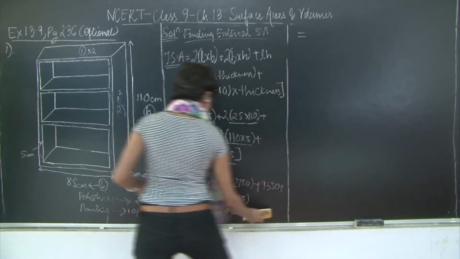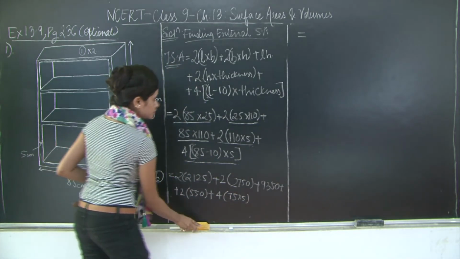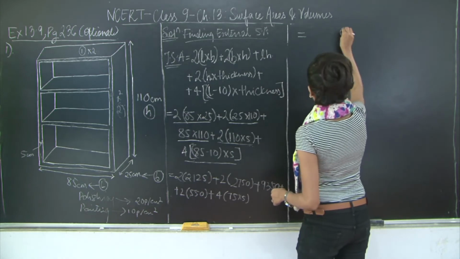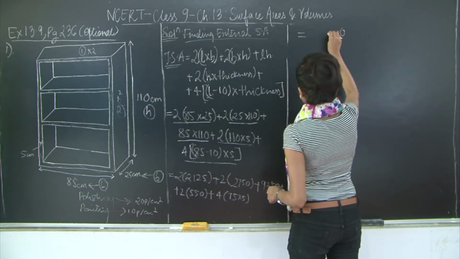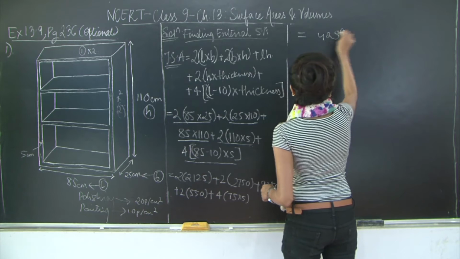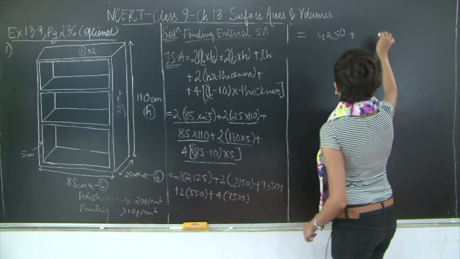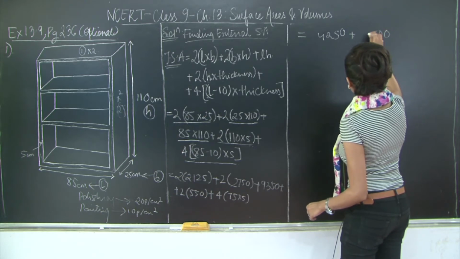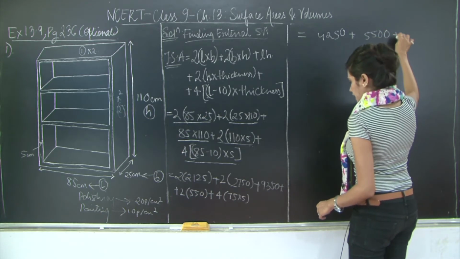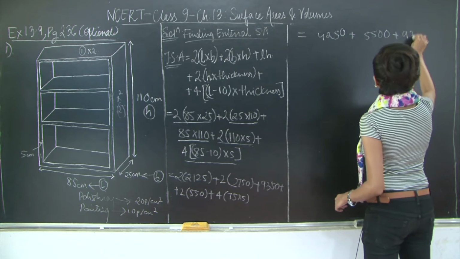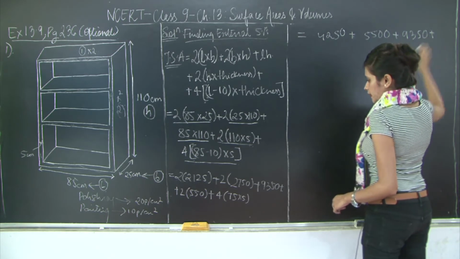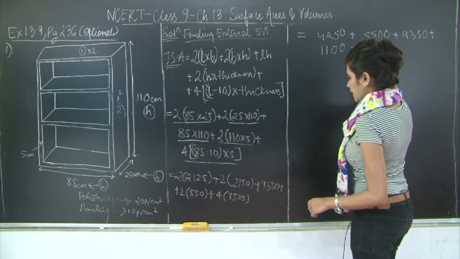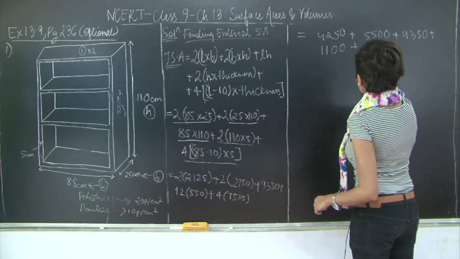So I'm erasing this section. We have 2 5s are 10, 2 2s are 4, 5, 2 1s are 2 and 2 2s are 4, 4250, plus 2 zeros are 0, 2 5s are 10, 2 7s are 14, 15, 2 2s are 4, 5, plus 9350, plus 2 zeros are 0, 2 5s are 10, 2 5s are 10, 11, plus 4 into 75 into 5.